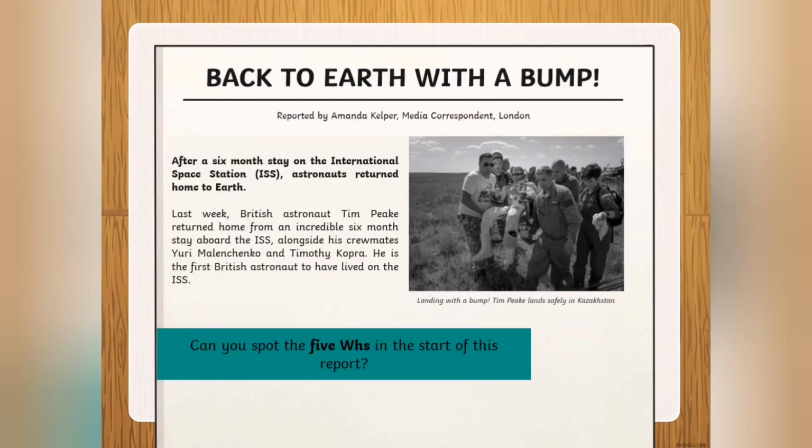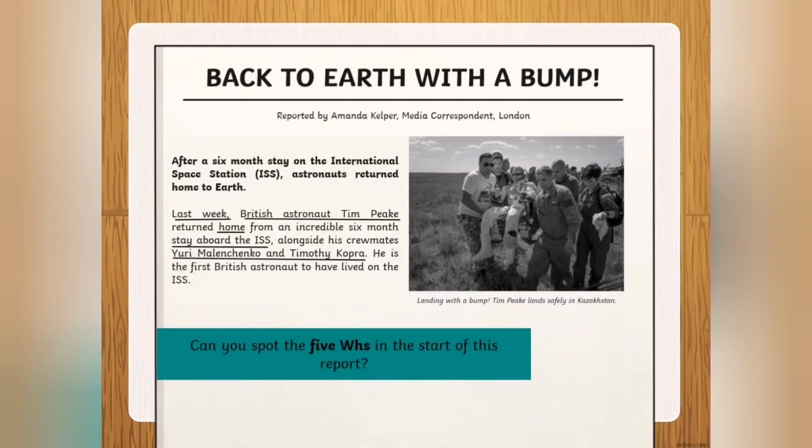Now let's look at this first paragraph and see how many answers to these WH questions we can find. There are answers to 5 WH questions. Now let's look at the answers. We have last week, the British astronauts, home, stay abroad in the International Space Station, these two names, Yuri and Timothy.